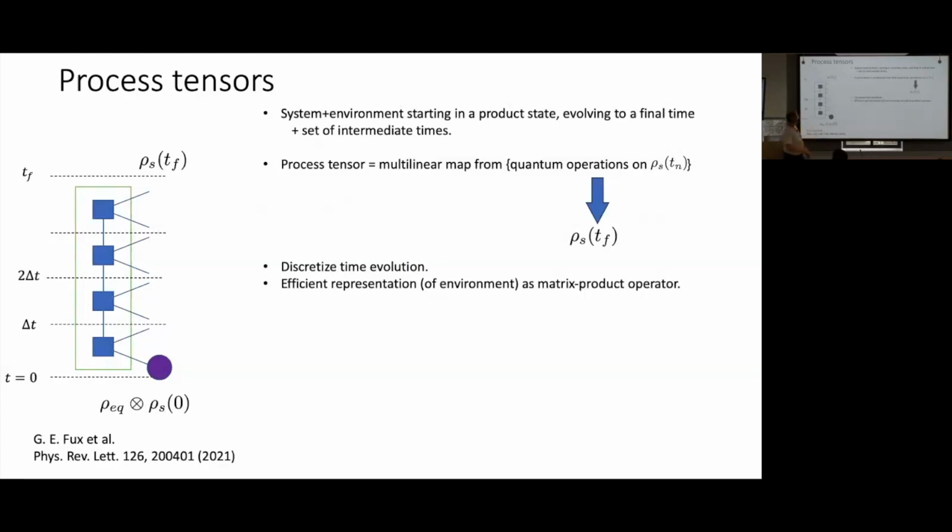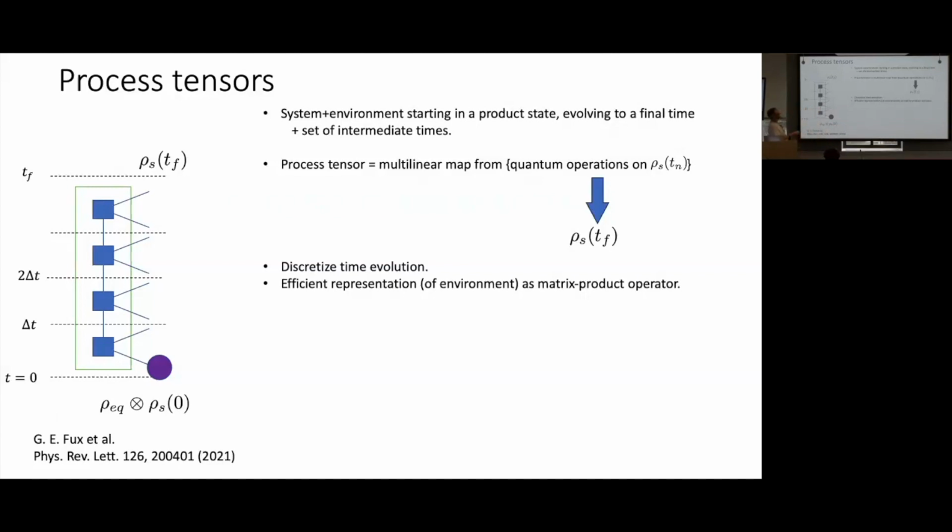In the green box is the process tensor. These are matrix product operators which are lurking inside the process tensor. This is a state, a reduced density matrix of a system, and I'm in Liouville space, so this is a single index object.